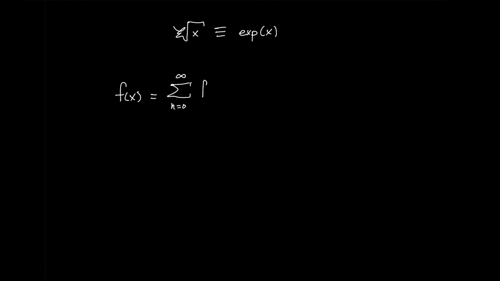So you can center it at some point a by taking the nth derivative at the point a, taking x minus a to the nth power, and n factorial on the bottom. And if you run the series on this infinitely, you'll get a Taylor expansion.